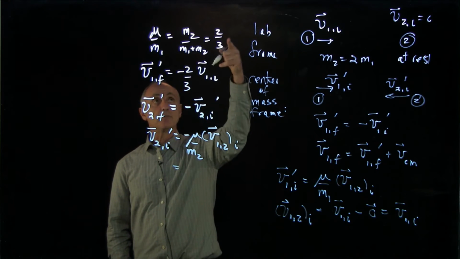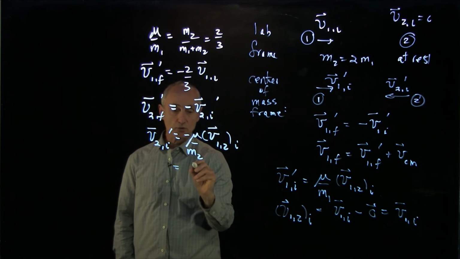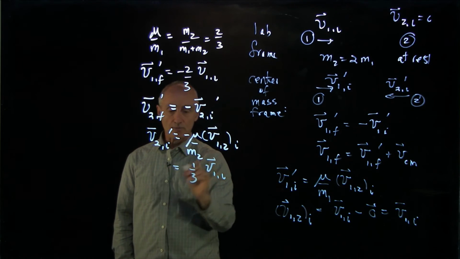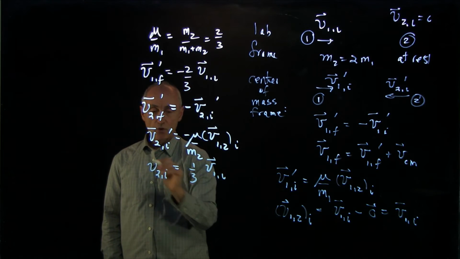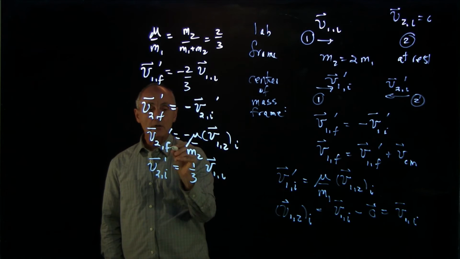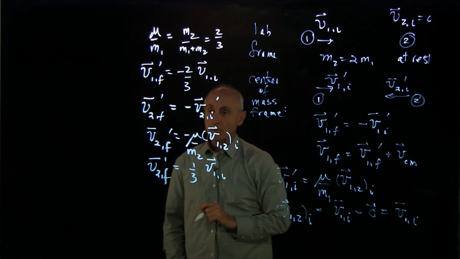This ratio, instead of being 2/3, it's a simple exercise. It will be M1 over M1 plus M2, which is 1/3 V1 initial. And so we have solved for the final velocities in the center of mass reference frame.